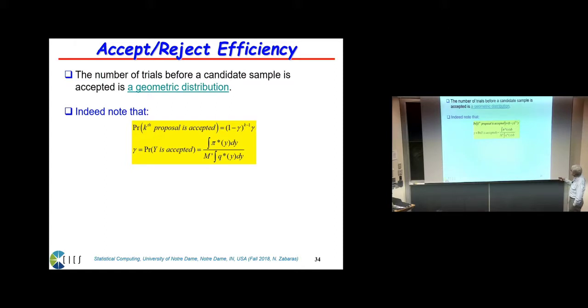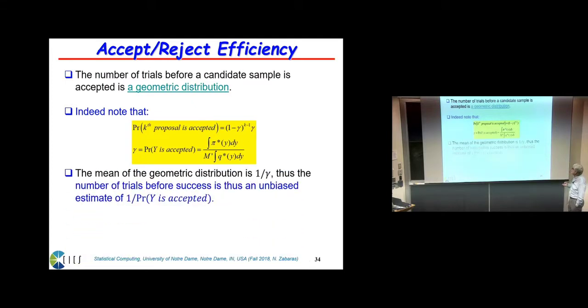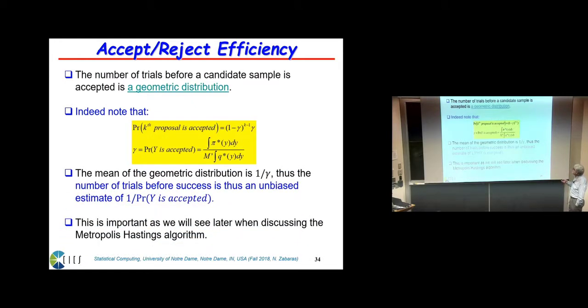So gamma here, I put the notation to be the probability of acceptance. So I reject k minus 1, and then I accept the kth time. And when you look at this, it's a geometric distribution. And the mean of the geometric distribution, so the kth time where you will accept, is 1 over gamma. So it's 1 over the probability of acceptance. Okay? So for the geometric distribution, the mean is basically 1 over the probability of y being accepted.